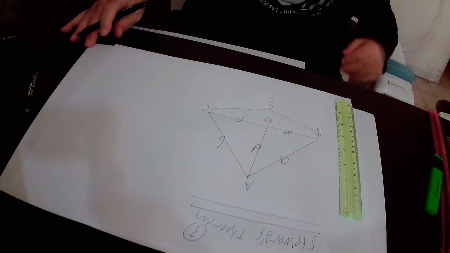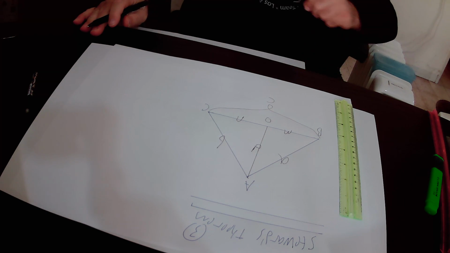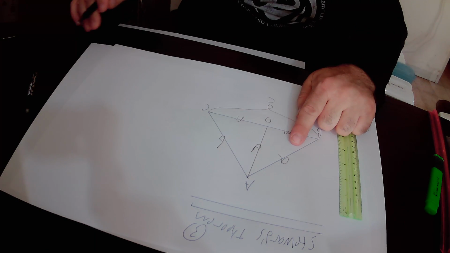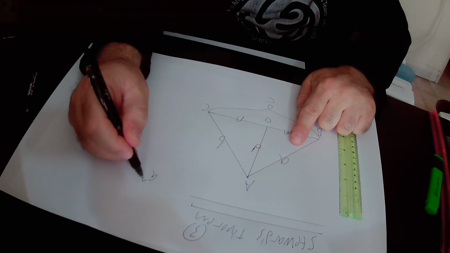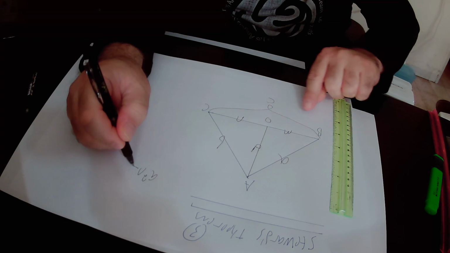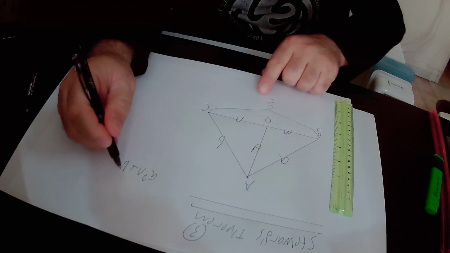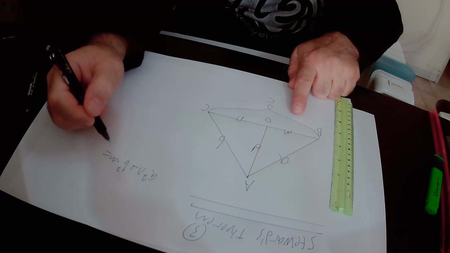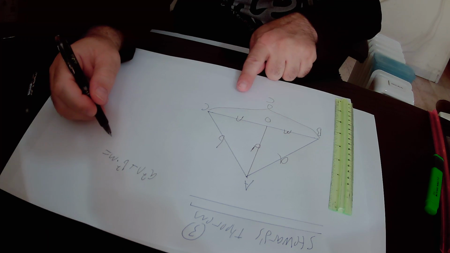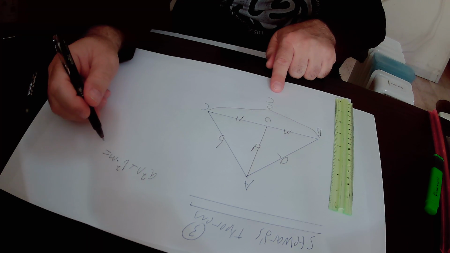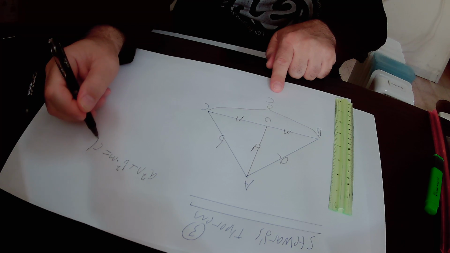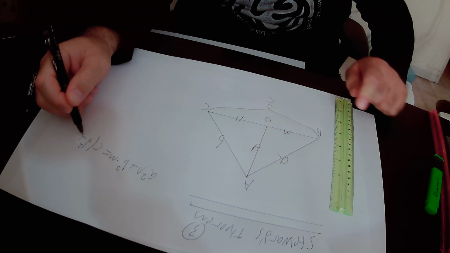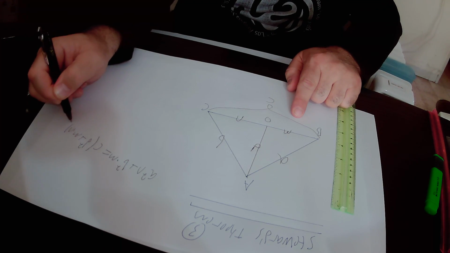Then, according to Stewart's theorem, the following equation is true: A squared times N plus B squared times M equals BC, and BC equals C units, so it is C, times, inside the brackets, D squared plus M times N. Repeat again.